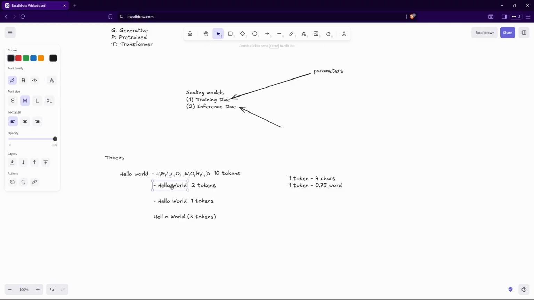This is why the full-word approach is expensive, because the vocabulary has to be massive. If the vocabulary has to be massive, the model gets heavy because you have to bring in all of the vocabulary along with it. With tokens, it's easier on the memory level.